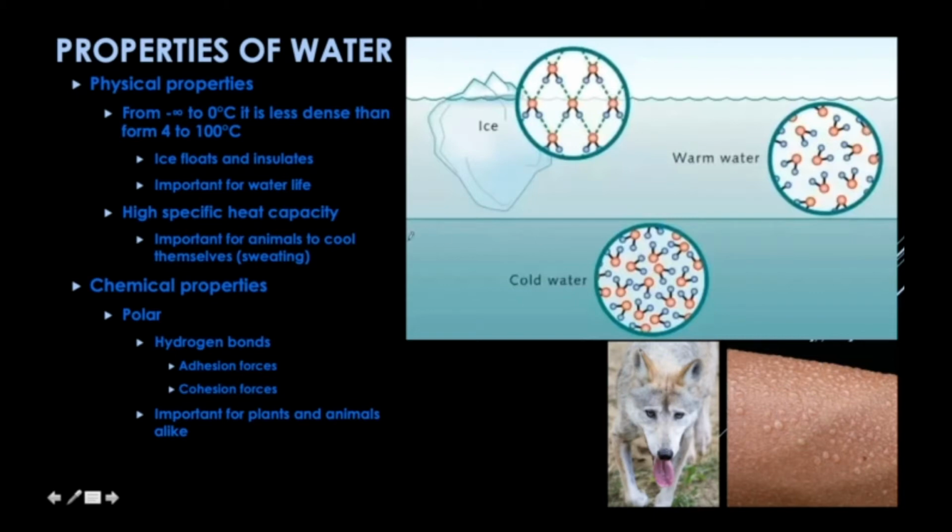On the flip side of that, we have our chemical properties. Again, polar is very important because those hydrogen bonds are physically going to make them spread out when they get too cold and start forming solids. But hydrogen bonds also play an important role in how water interacts with its environment and itself. These are adhesive forces, so liking to adhere to things.